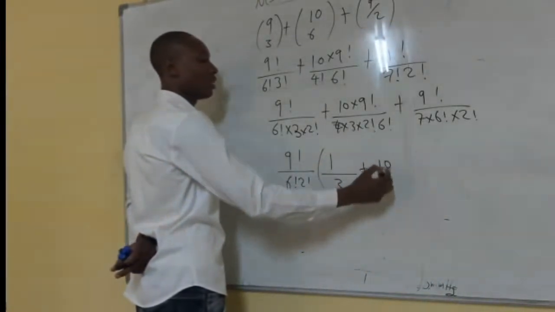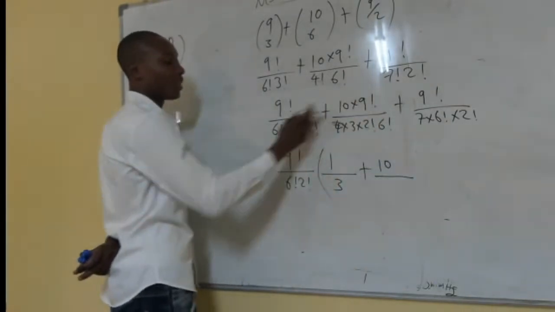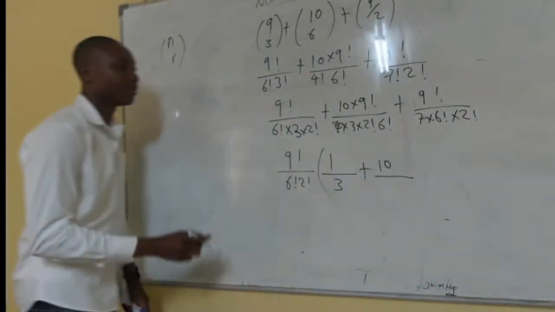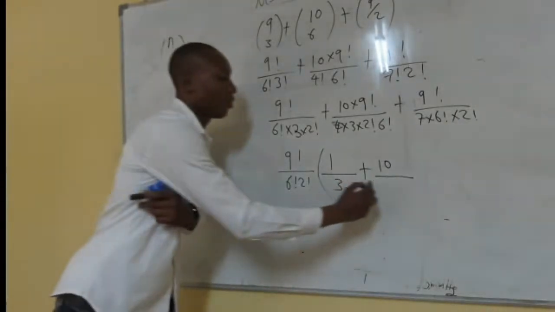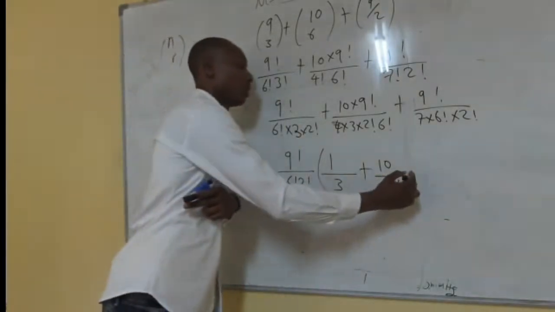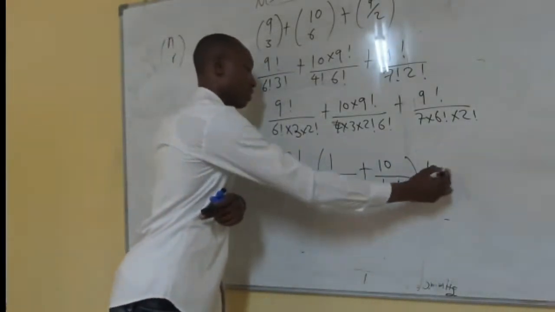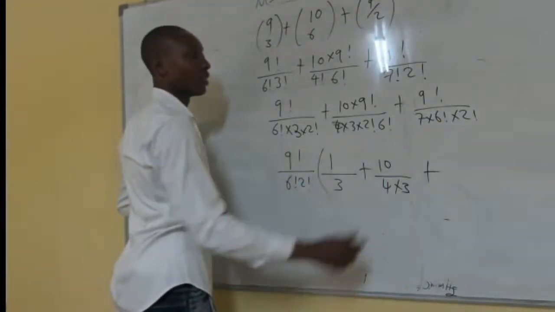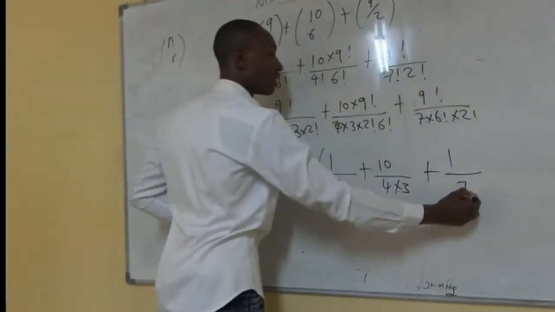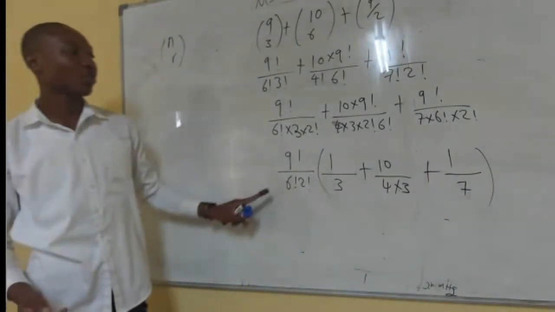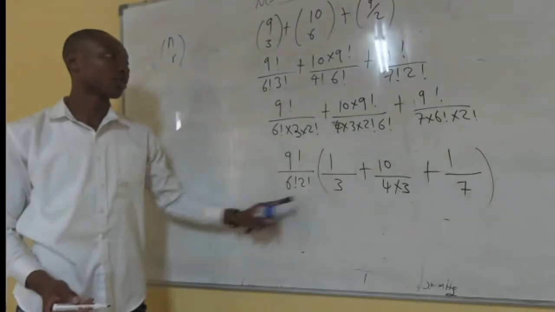We're going to have 10, if we remove the 9 factorial, over 4 by 3, okay? Then plus, the next thing that we're going to have is 1 over 7. So look at this, I factored out 9 factorial throughout and I've factored out 6 too, okay?